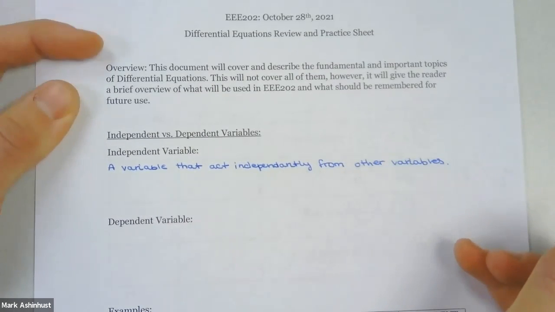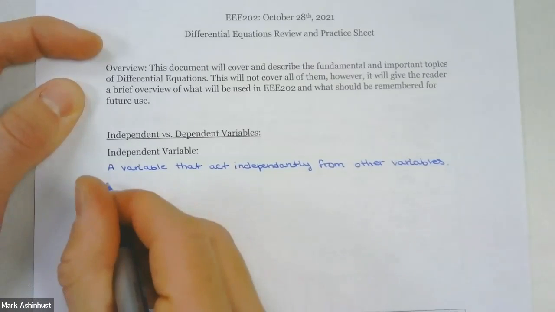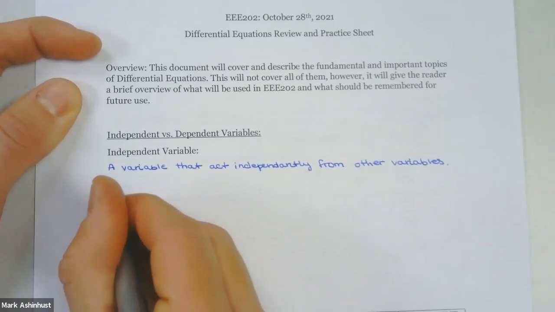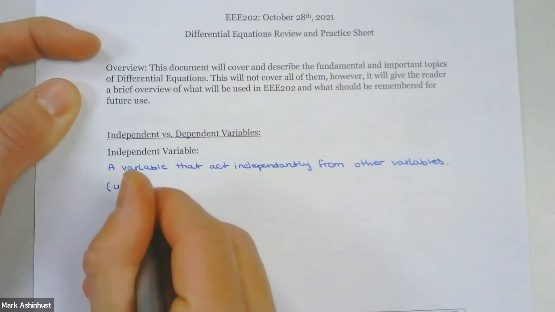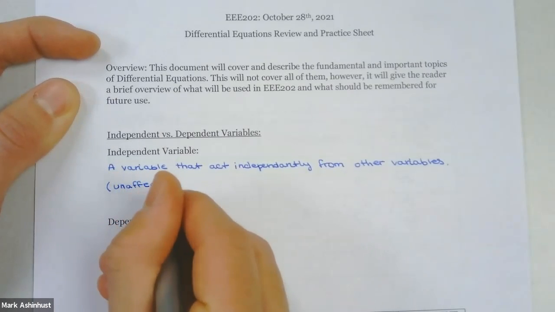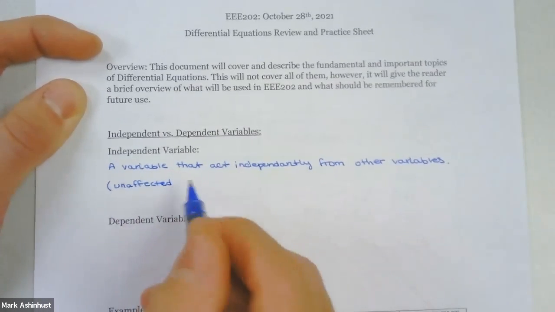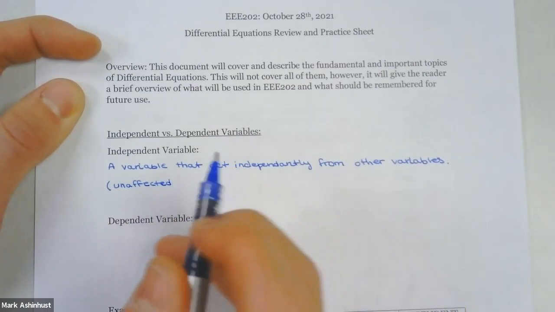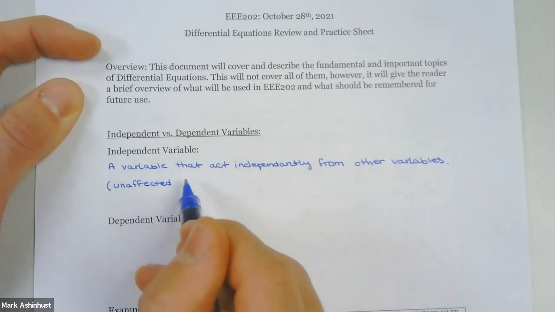Now, these are going to be variables basically that are unaffected by other things, other variables within the equation that we're looking at.